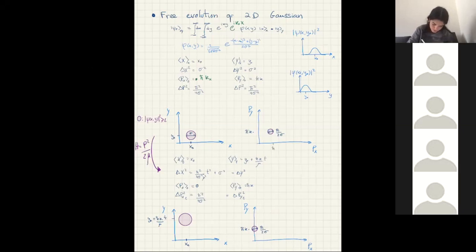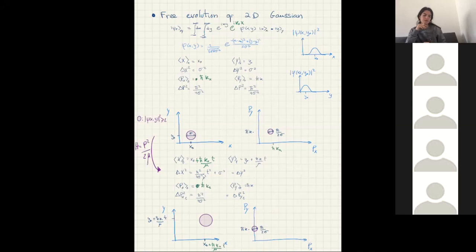Where here it's h bar kx. And then here we get again h bar kx t over mu. And here we get h bar kx, which just means that in the end, our wave function will be somewhere here, where this is x0 plus kx over mu t.